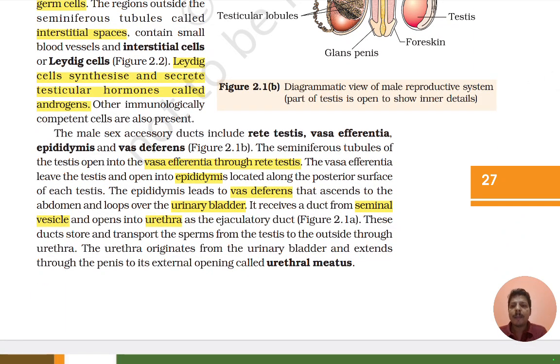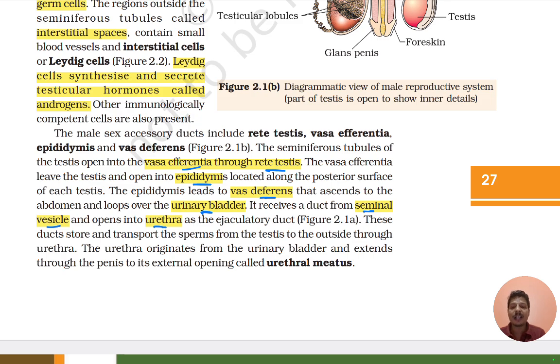Next, the male sex accessory ducts include rete testis, vasa efferentia, epididymis and vas deferens. Here you can see the seminiferous tubules of the testis open into vasa efferentia through rete testis, then it goes to epididymis, then vas deferens that ascends to the abdomen and loops over the urinary bladder, and it receives a duct from the seminal vesicle and opens into the urethra as the ejaculatory duct.